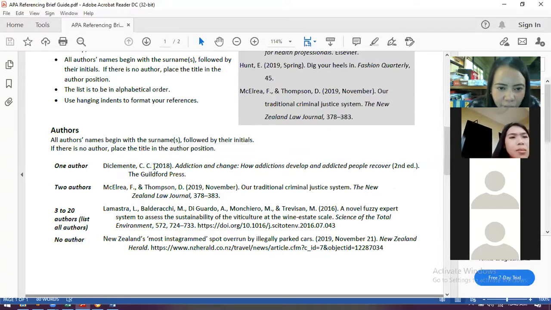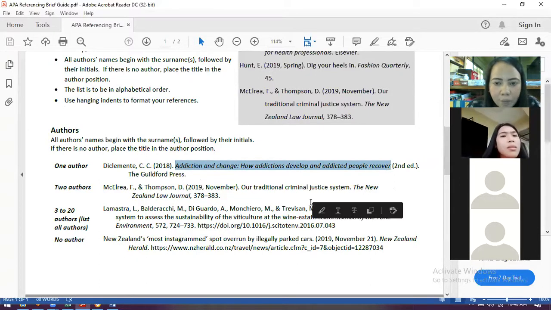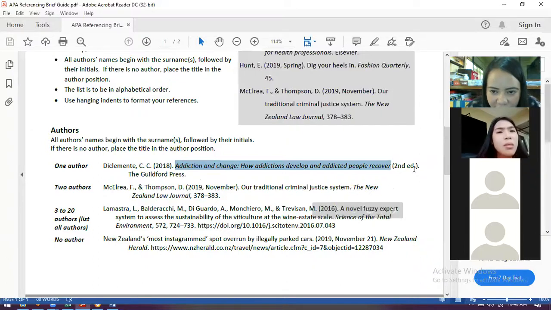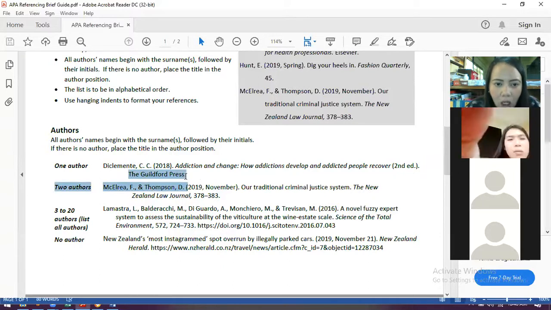Okay. Next will be the year. Followed by the title of the book at saka anong edition siya. Guys, malalaman nyo kung book siya kapag meron siya mga edition. And then this is the publisher, the Guilford Press. That is the publisher.